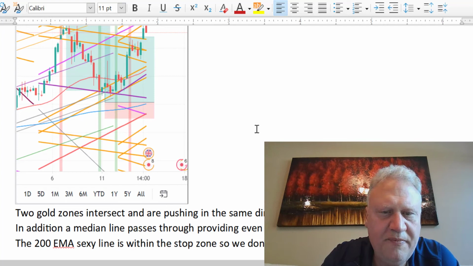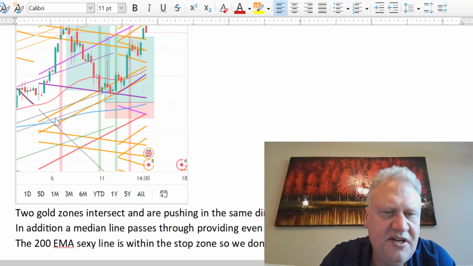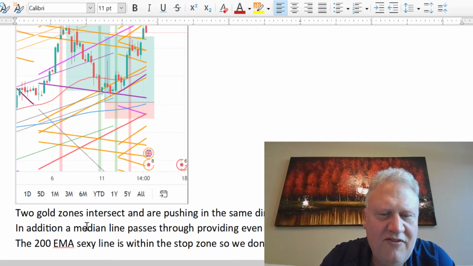Okay, so number one, we have two upward rejection zones or gold zones. This one is gray just because it's an older one from before, but it's still valid here. That's why it's still drawn. And so you have this one pushing up, you have this one pushing up. So that's amazing. And then if that wasn't enough, we have a median line coming through to support price and cause further possibility of an upward bounce.